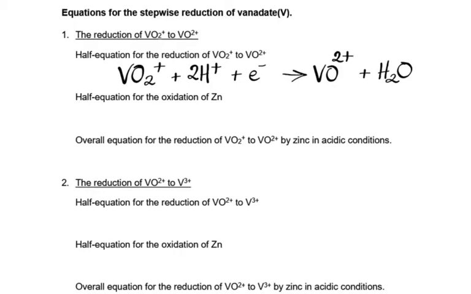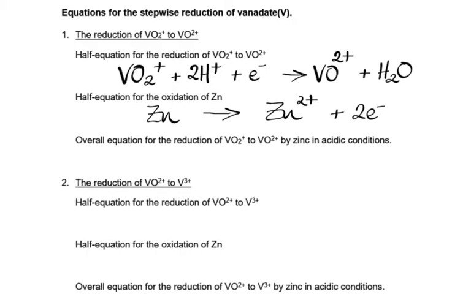For my zinc, so this is for the oxidation of zinc, and zinc will oxidize to form zinc 2 plus, much easier to do, so I just need 2 electrons on the right hand side. So zinc is being oxidized, so this is my reducing agent.